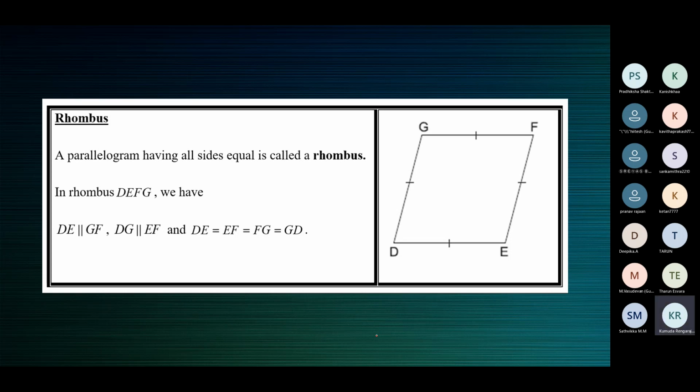So you must first prove that the quadrilateral ABCD is a parallelogram. How will you prove it's a parallelogram? You should prove that both pairs of opposite sides are parallel. So it's a parallelogram. In the parallelogram, when you prove that all the sides are equal, it's a rhombus.